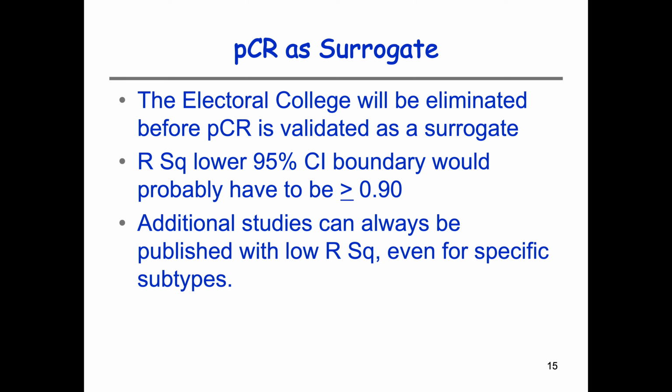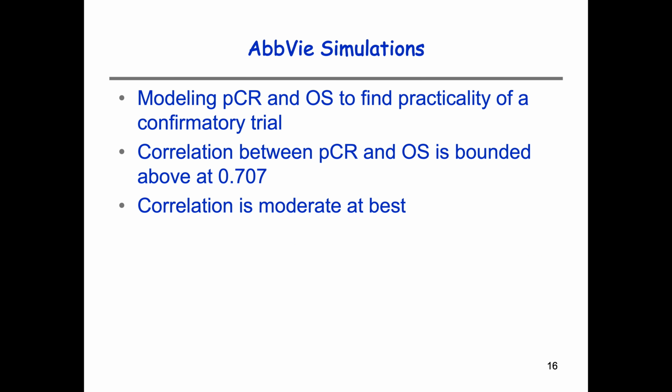Or here, I have 3 new trials, add them, and now the R-square is lower than 0.90. So this definition would not be a once and for all persuasive definition of PCR as a surrogate. No doubt it is a prognostic factor.